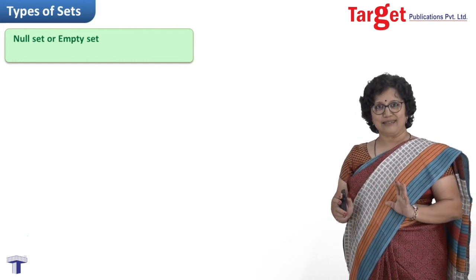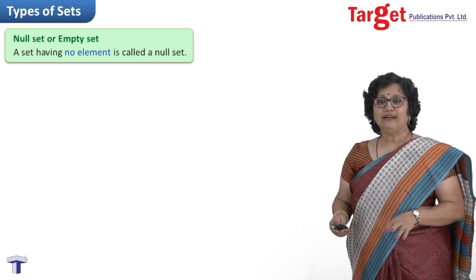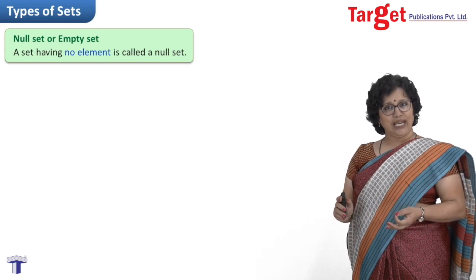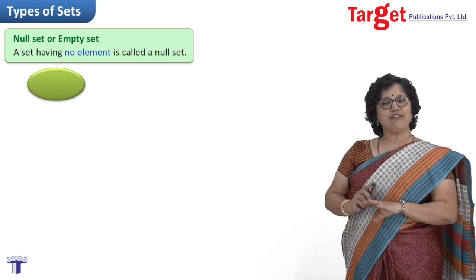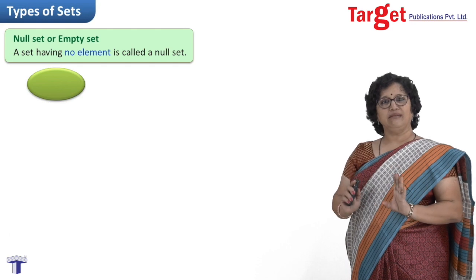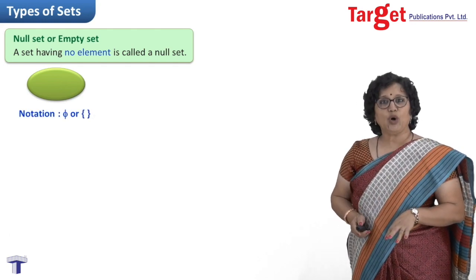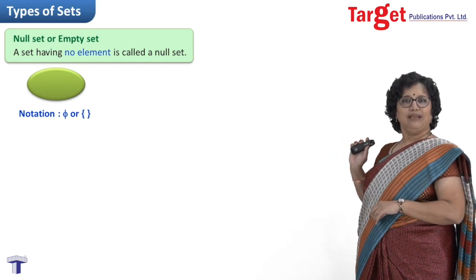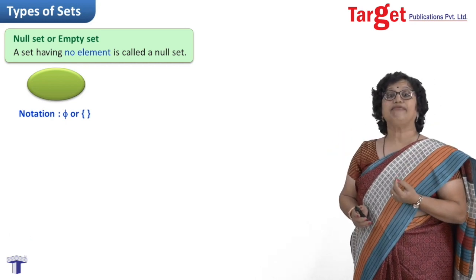And as the name suggests, in this collection, we do not expect any element. So, a set having no elements is called a null set. I have just shown one small round having no element in it. So, we just show it by two curly brackets, or we have a new symbol called phi.